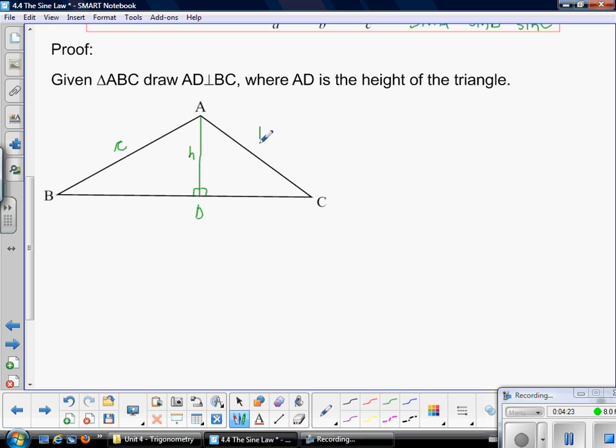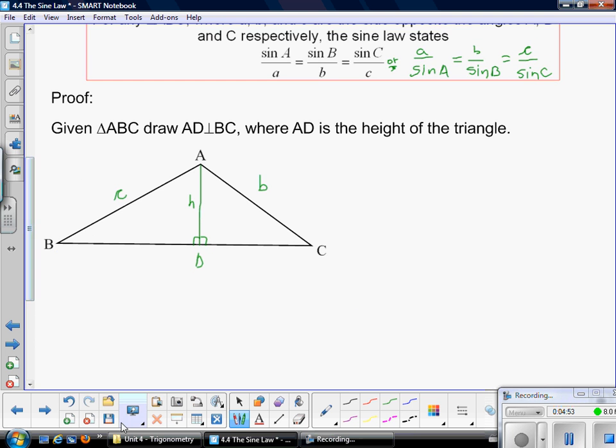Side a I'm not going to label, because I have cut side a, which is BC, into two different parts. So I've now created two right angle triangles, and we're going to look at both triangles and come up with the sine formula from them. This is what they would have done years ago when they discovered this relationship.